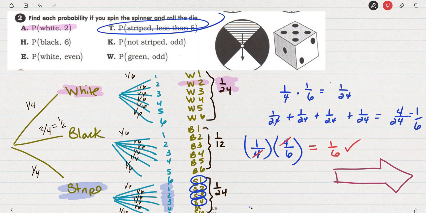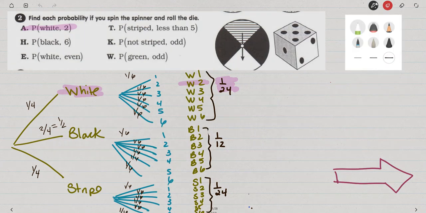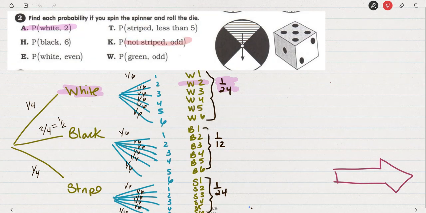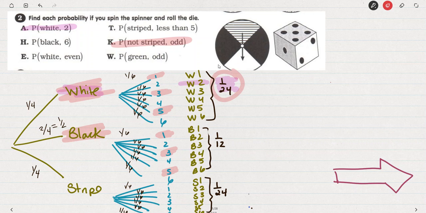Let's do not striped and odd. The probability of getting something that's not striped, we'd have the black or the white, and then odd would be the 1, 3, and 5. Since these are all equally likely, for the 1, 3, and 5 on white, I've got this 1/24 for all three of those. And then the black 1, 3, and 5, those are each equally likely with one another, so 1 in 12.